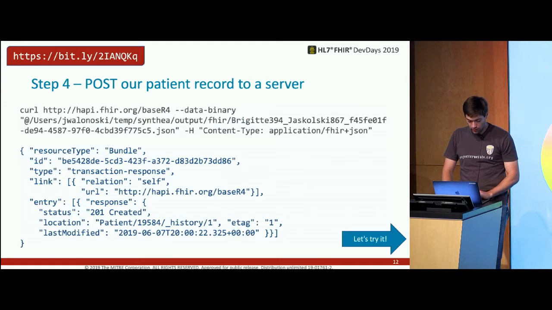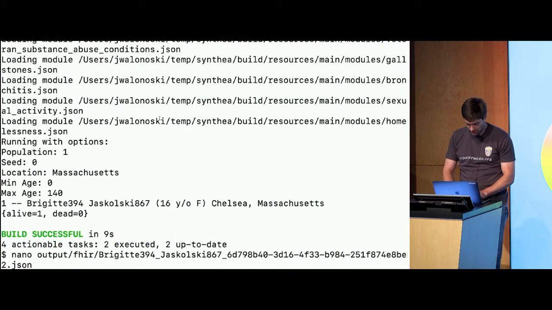So now that we have a patient bundle that's a transaction bundle, we can try to post that to a particular server. So I'm going to try to do that now and see if I can manage to do it. I'm going to do a curl to the happy server.